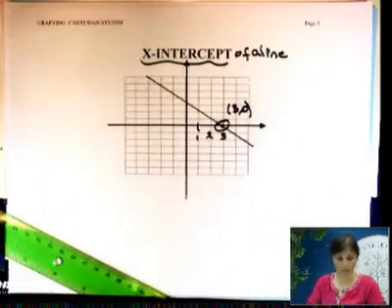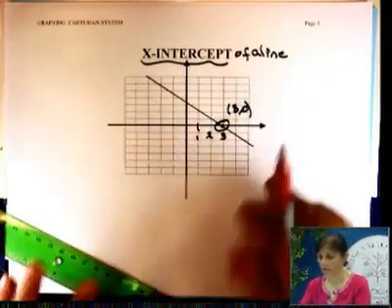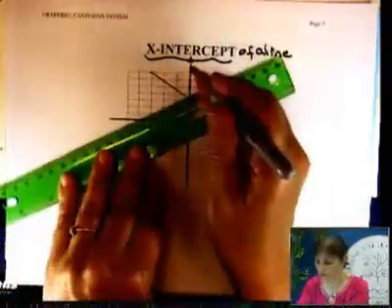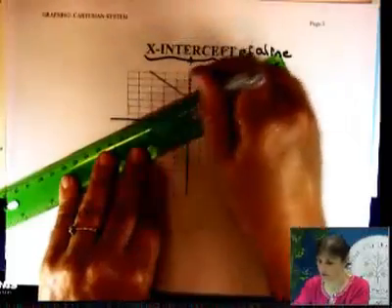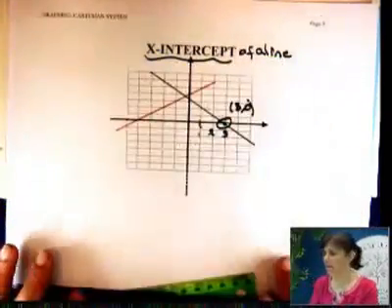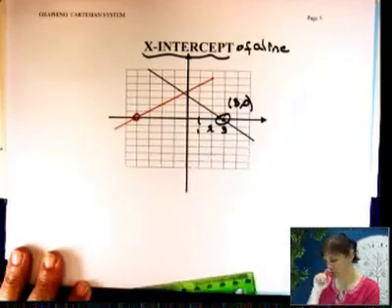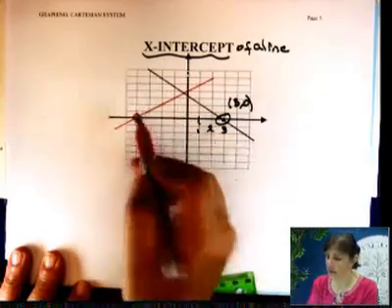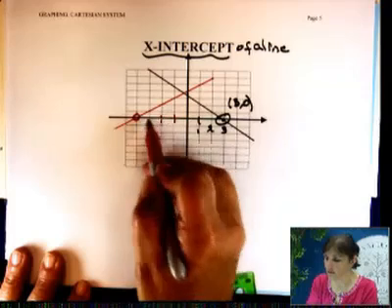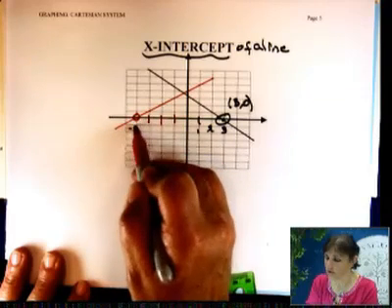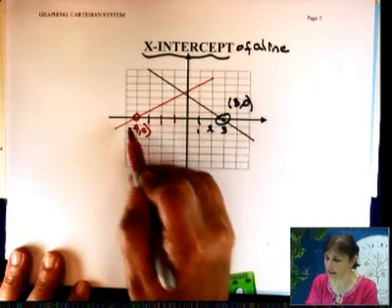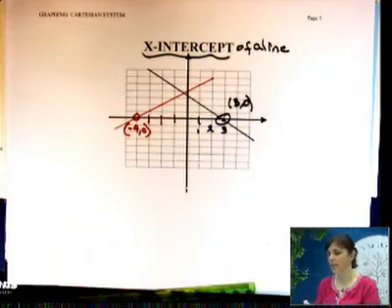Let's do another line. Okay? And again, this point is my x-intercept. And what is that? -1, -2, -3, and that's -4. So that's -4, 0. That's another x-intercept.